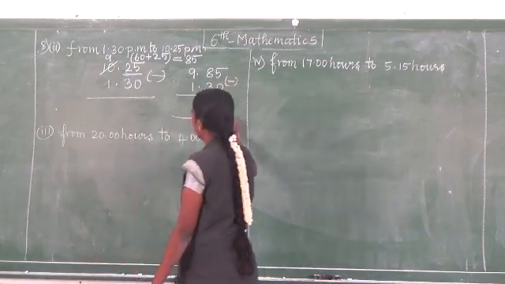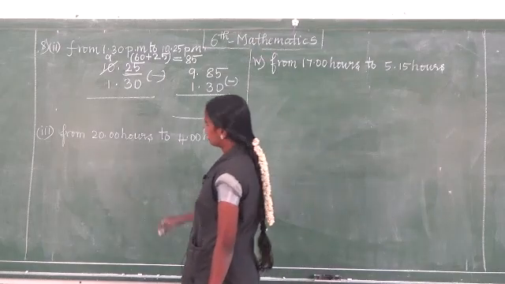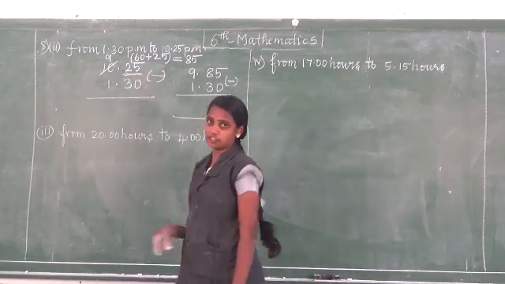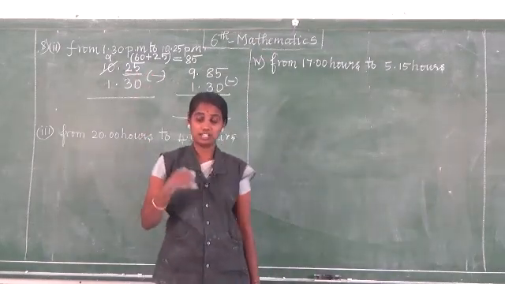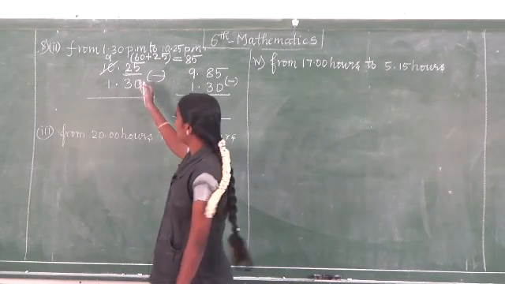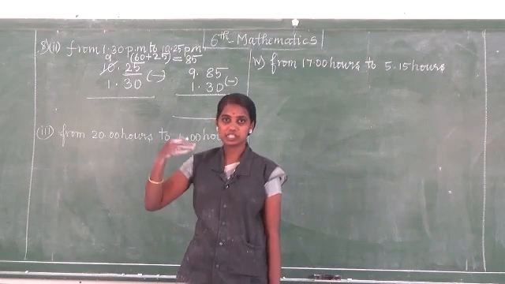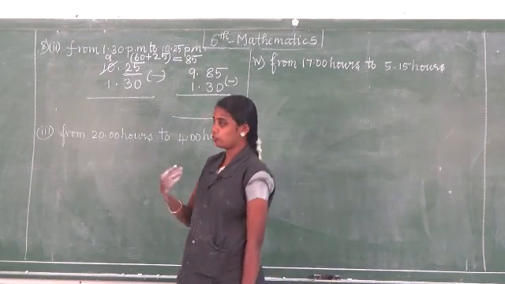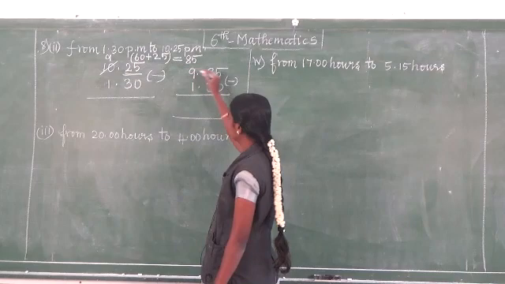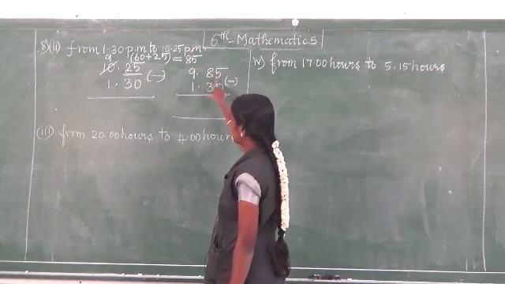Now go for the subtraction. Why did I change? Because from 25 minutes you cannot subtract 30, so I am borrowing from the hours. If you borrow from the hours, it must be converted into minutes. So 1 hour I converted into minutes. Now it becomes 9 hours 85 minutes.